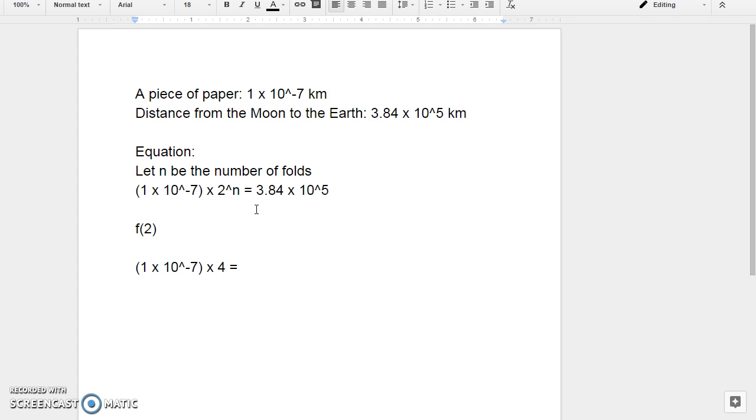It fits with the problem. Every time you fold, it doubles the doubles. It multiplies 2 by itself, and if you fold it again, it multiplies again. So 2 multiplied by 2 is 4, and multiplied by 2 again is 8.